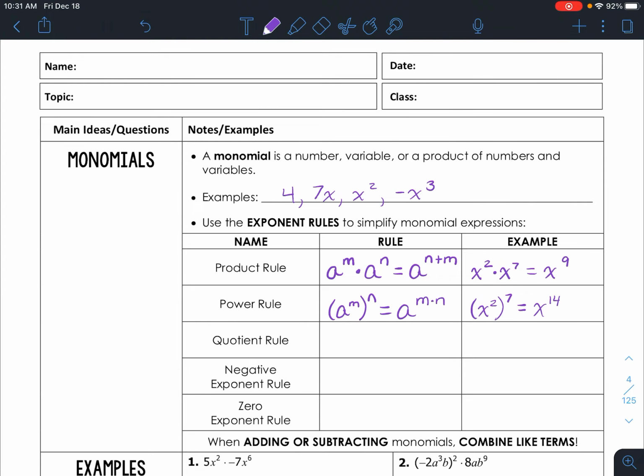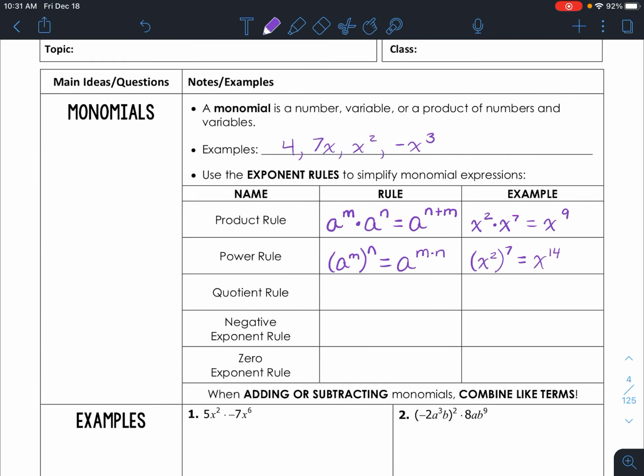The quotient rule, this one is very visual, so I'm going to show you kind of how it works visually. If you have two numbers that you are dividing, okay, then you subtract the exponents, and it's always top minus bottom, okay? Now here's the visual part. So for example, if I had x to the 7th over x squared, well, x to the 7th means that there's 7 x's multiplied by each other.